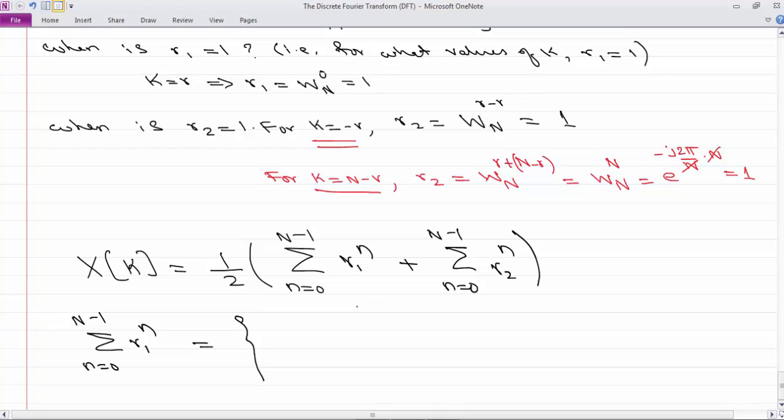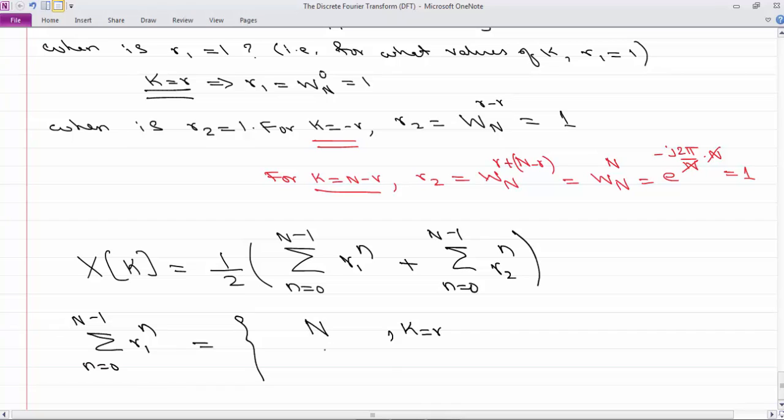We said that for k equal to R, we cannot use the geometric sum formula. In that case, though, we know that R1 is 1, so we are just adding N numbers.